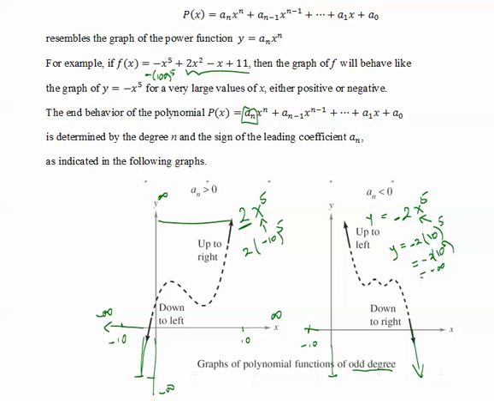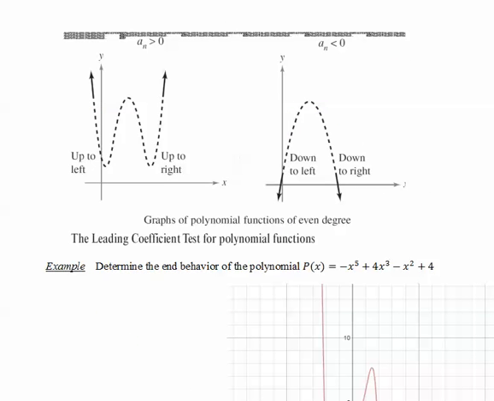And when n is even, we'll have, for example, 2x to the sixth or negative 2x to the sixth. Again, we use the same thing. Both ends of the positive one will be looking up, and the reason is that this is even.